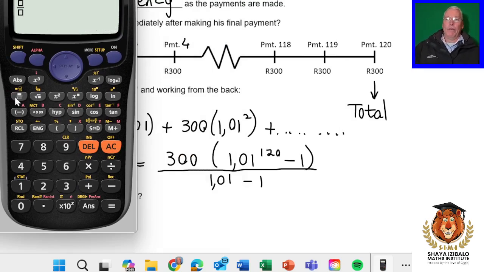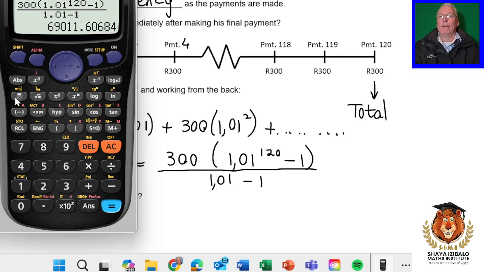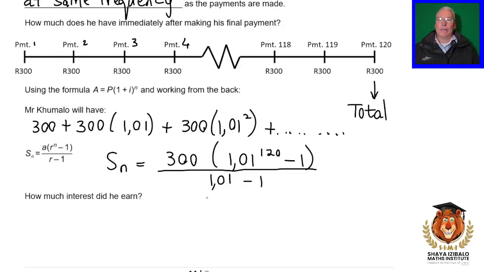So, 300 times 1,01 to the power of 120 minus 1, and on the bottom we've got 1,01 minus 1. And so it works out to 69,011 Rand and 61 cents.